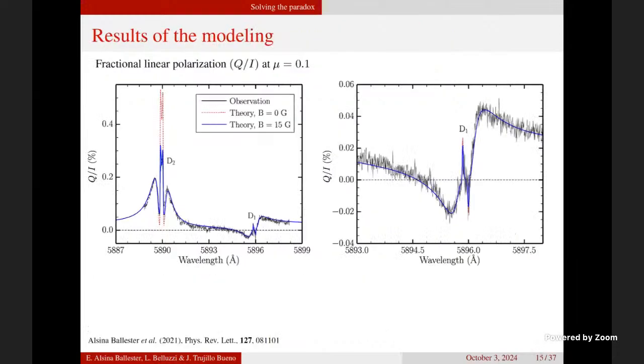And here I'll just cut to the chase and show you the final results of these calculations compared to observations. The black curve shows observations taken at IRSOL using ZIMPOL, while the red dotted line shows calculations in the absence of magnetic field. And the blue curve represents calculations including an isotropic distribution of magnetic fields.